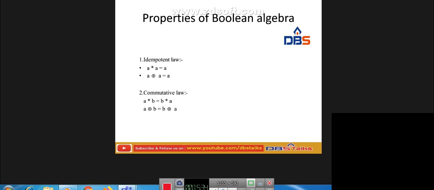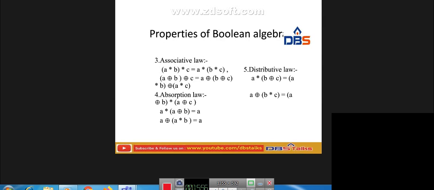Here, in Boolean algebra, different types of properties are there. The first one is the idempotent law, that is A and A equal to A, A or A equal to A. The commutative law, AB equal to BA, A or B equal to B or A. Then associative, (A and B) and C equal to A and (B and C).